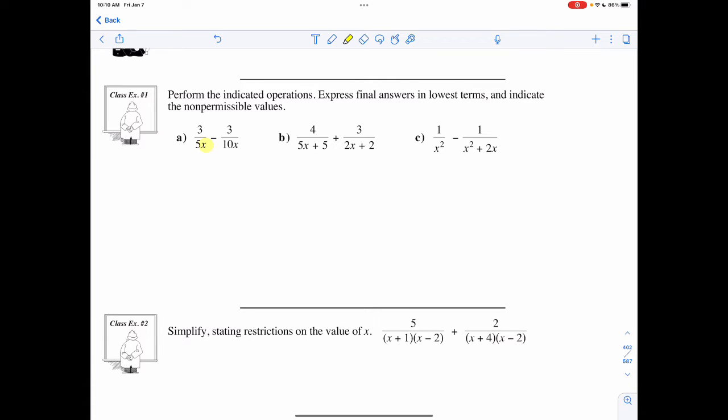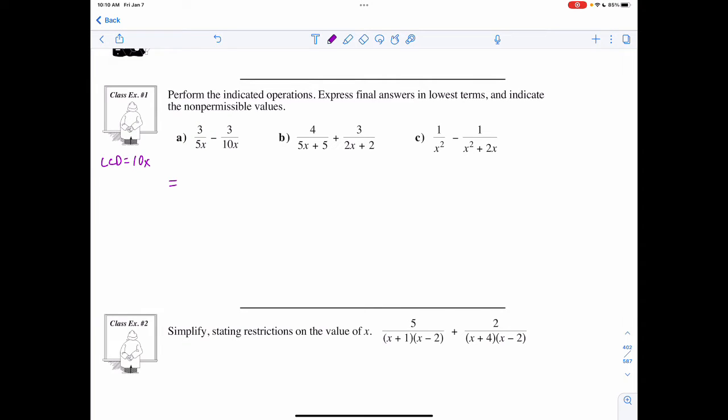I can see that I have an x in both the denominators, but if I look at the coefficients, I have 5 and 10, which means that the common denominator, or LCD, is going to be 10x. How am I going to get that? Well, I'm going to multiply the first fraction by 2 in the numerator and denominator.